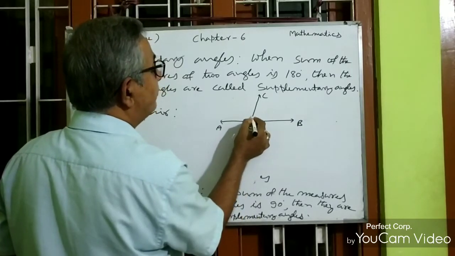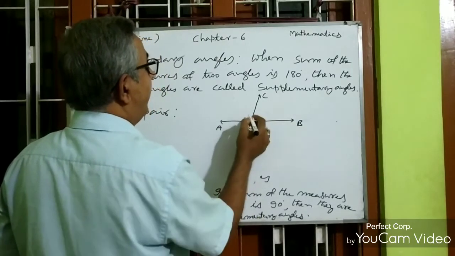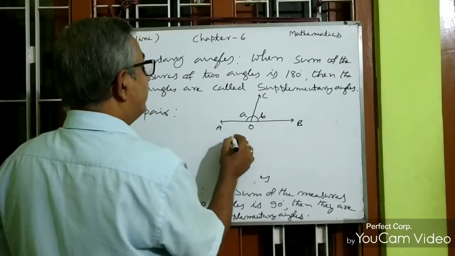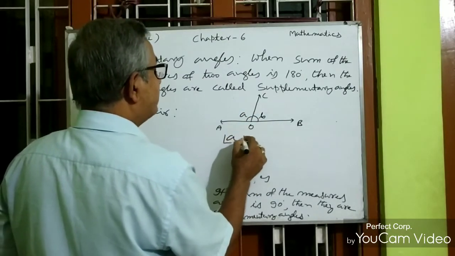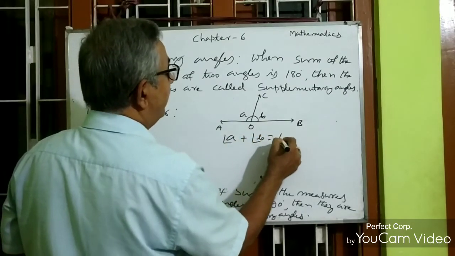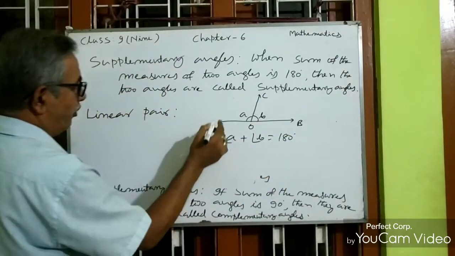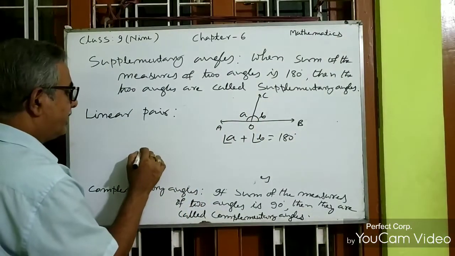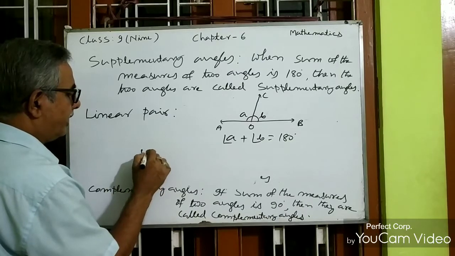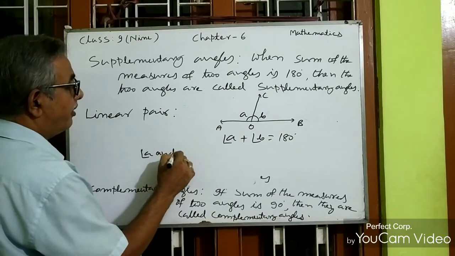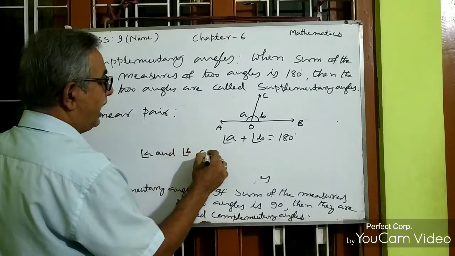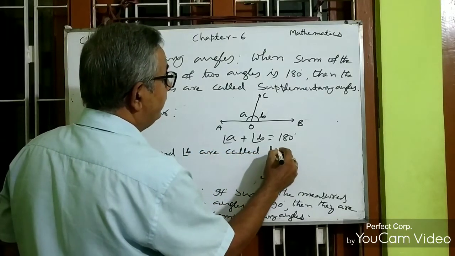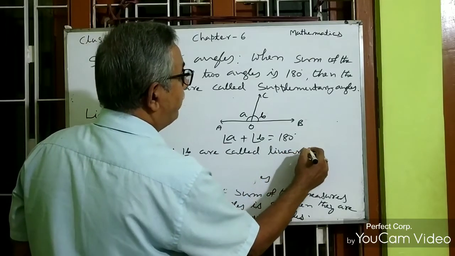Now what happened? This angle plus this angle, angle A plus angle B, you are getting 180 degree. Therefore, these two are called a linear pair. Angle A and angle B are called linear pairs.